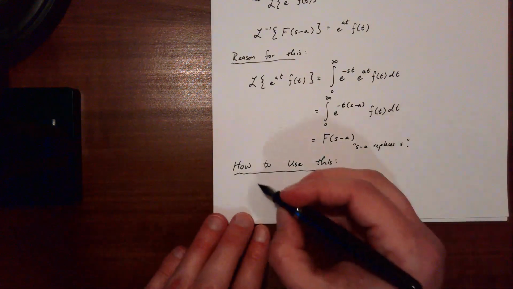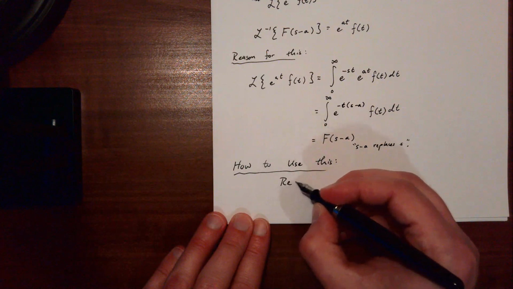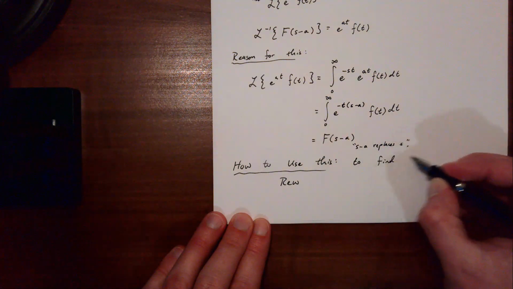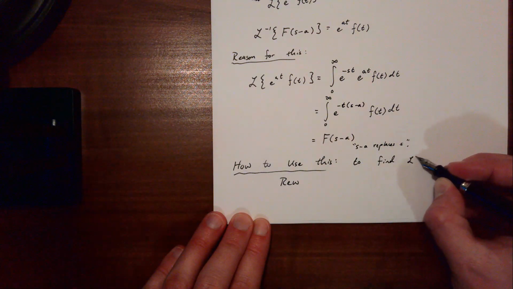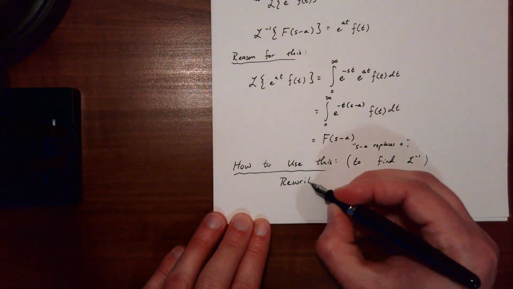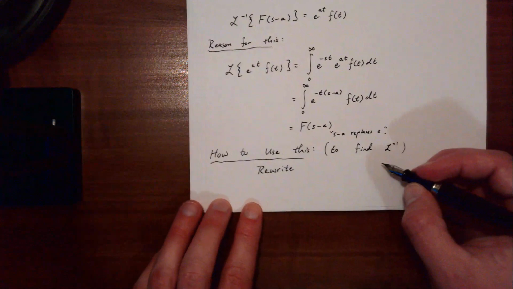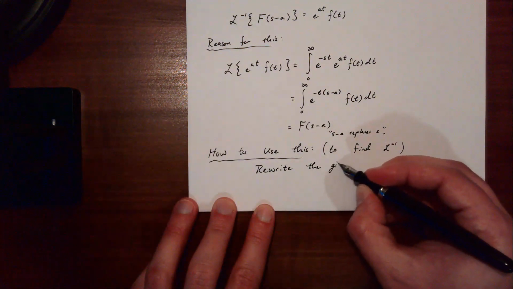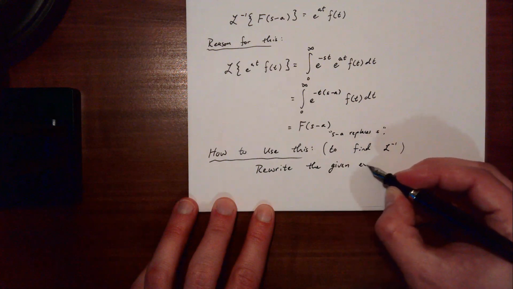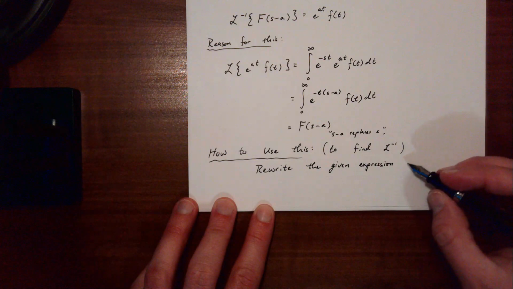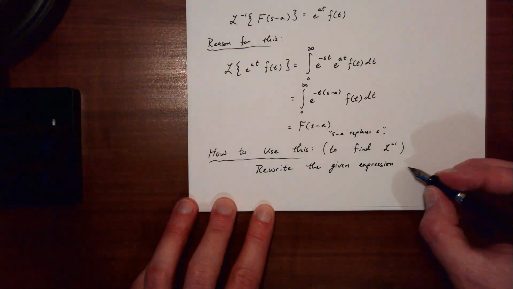So the idea here is, in particular, to find the inverse Laplace, rewrite the given expression as a shifted formula from the table.